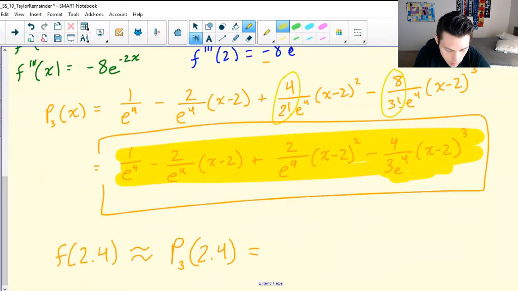Plus 2.4 minus 2 squared over e to the 4th, minus 4 times 2.4 minus 2 cubed, divided by 3 e to the 4th.